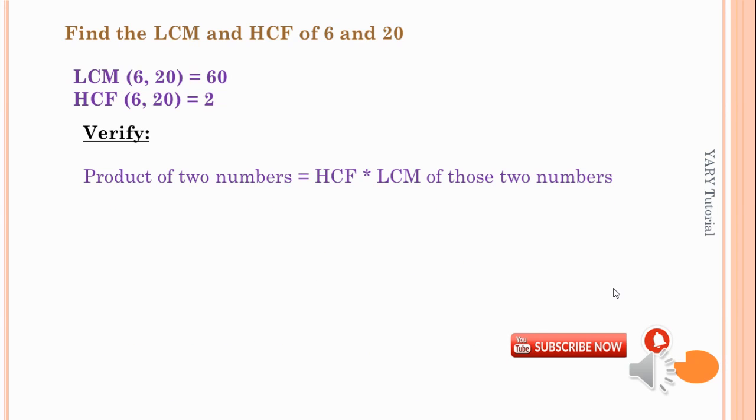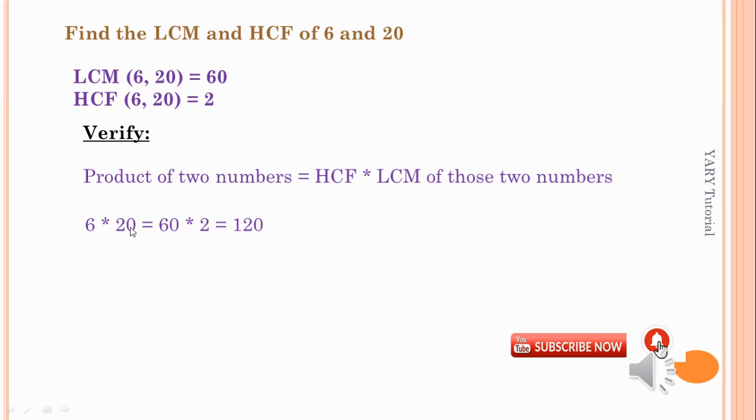How do we verify the answer? The answer can be verified using this. The product of two numbers should be equal to the product of HCF and LCM of those two numbers. Here the numbers are 6 and 20. So the product of two numbers, 6 into 20, will be equal to LCM is 60 and HCF is 2.